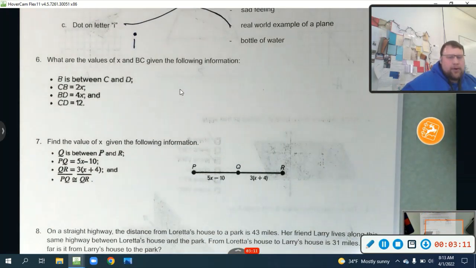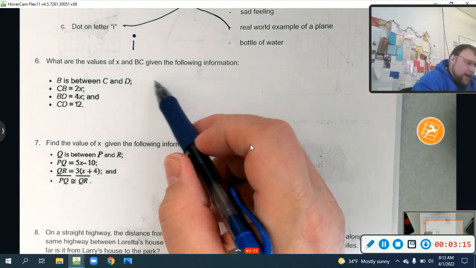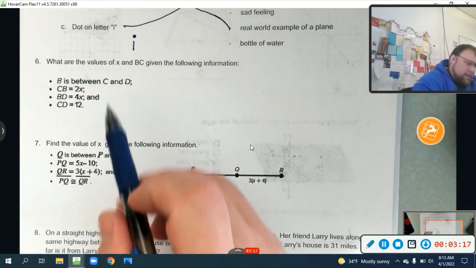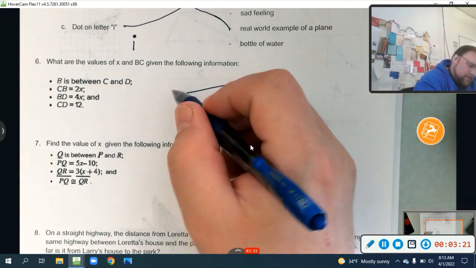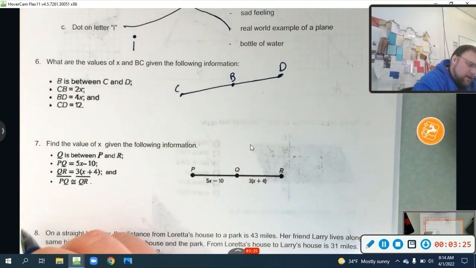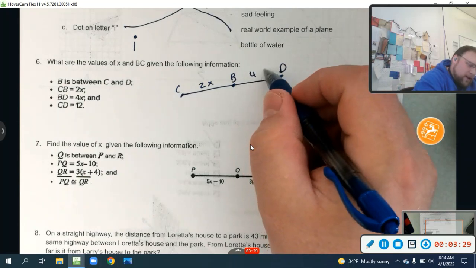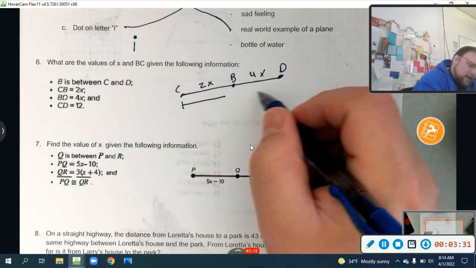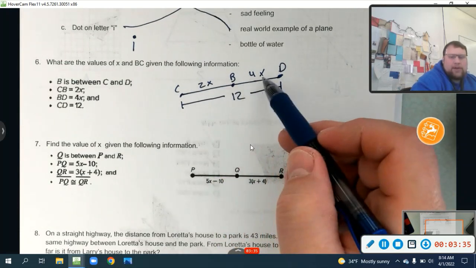Now, as we're going to get the math of it, let's draw this one. What are the values of x and BC given the following information? B is between C and D. That means we have a line segment, and we know C and D are the endpoints because B is between them. CB is 2x, and BD is 4x, and CD is 12. Well, if I add 2x plus 4x, it should equal 12.